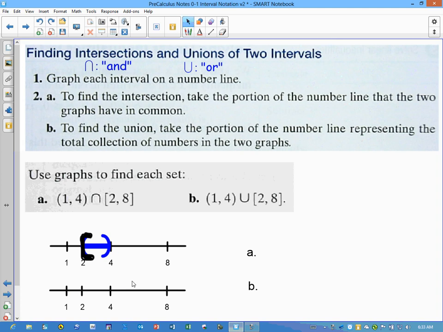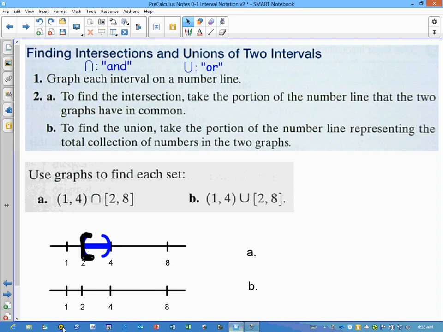Okay, for the next one, we have the open interval from 1 to 4 union with the closed interval from 2 to 8. Now for this one, they are taking all of the numbers. If it appears in either of the 2 intervals, then it appears in our union.